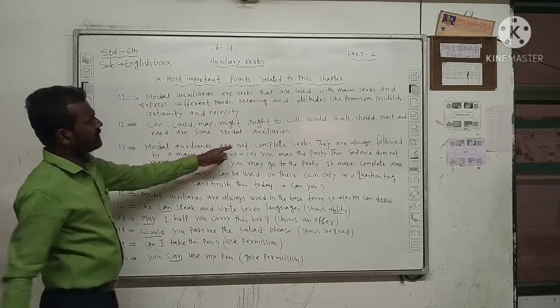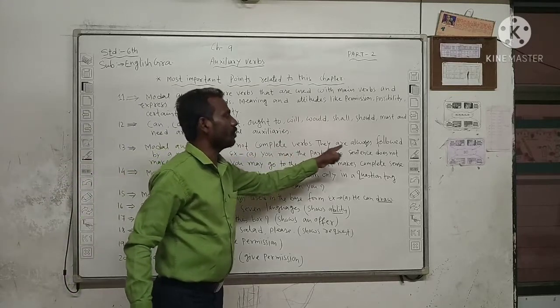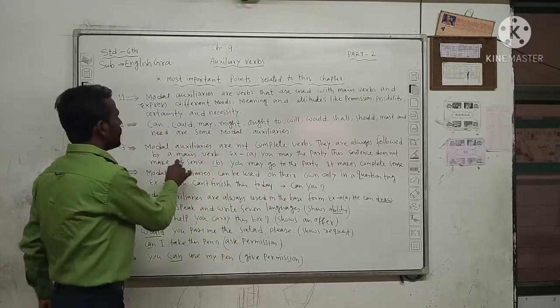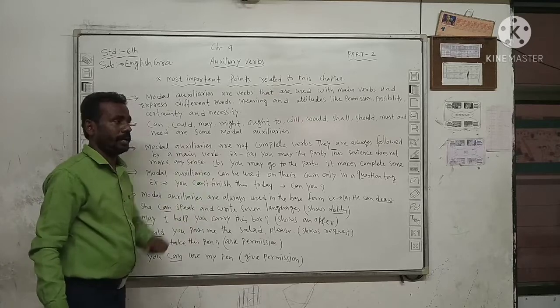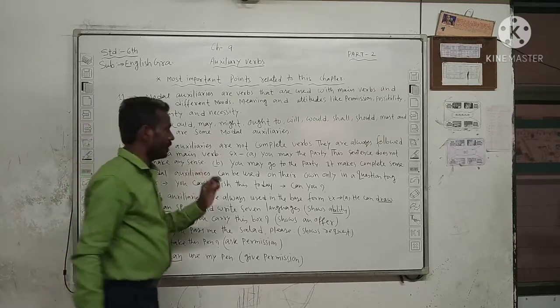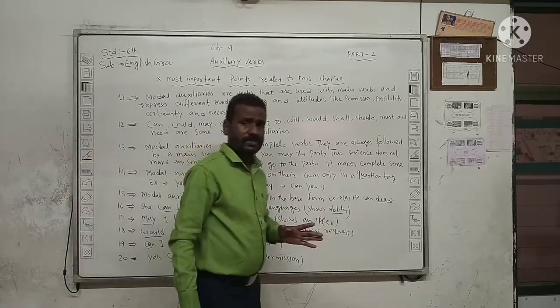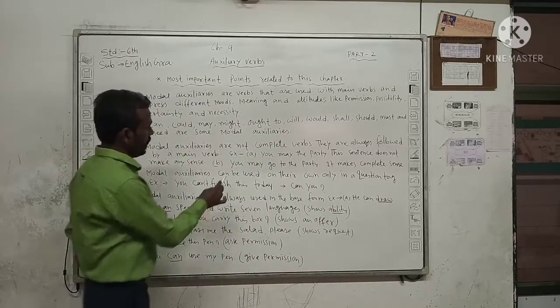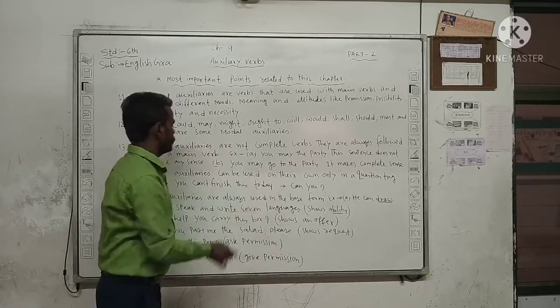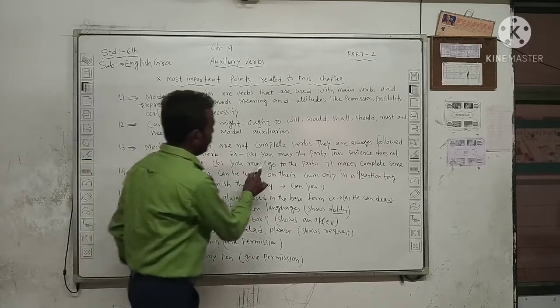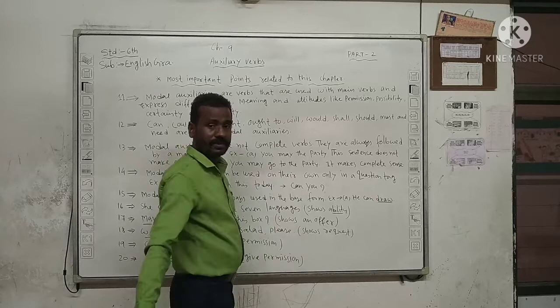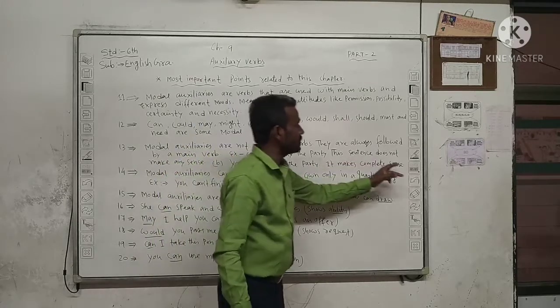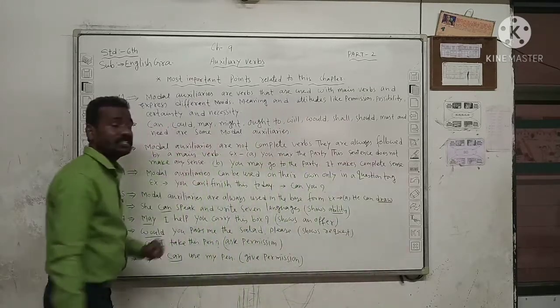Modal auxiliaries are not complete verbs. They are always followed by a main verb. Very important. Modal auxiliary verbs are not complete verbs. Suppose I am writing one example here: A, you may a party. This sentence does not make any sense.